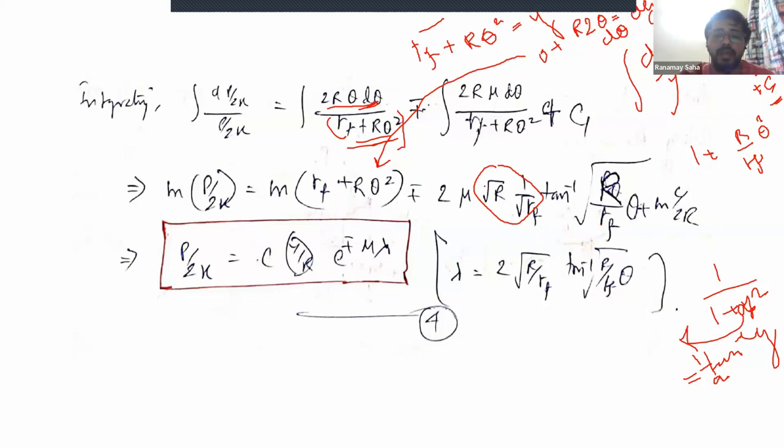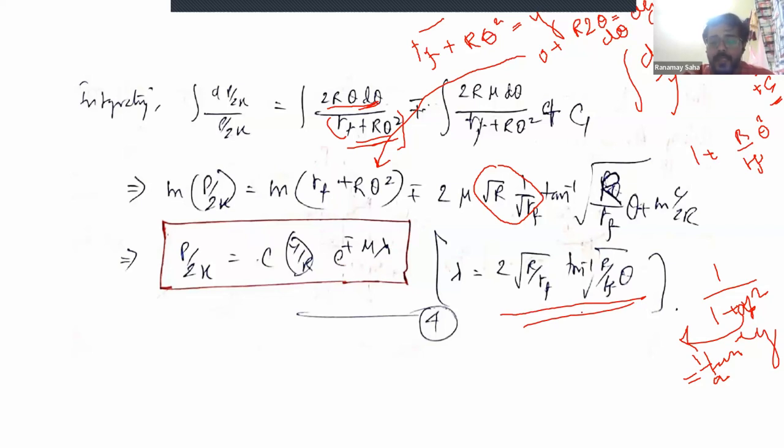In that case, the expression comes down to p by 2k if you take out log from all the sides, and then this side, this term becomes exponential. And we have just replaced this particular term with twice of root r by tf, and inverse of root r by tf.